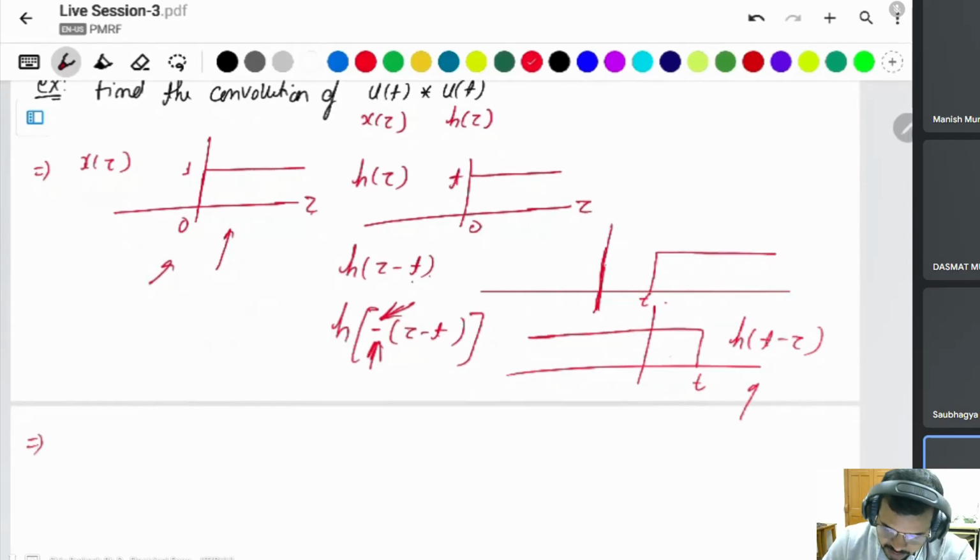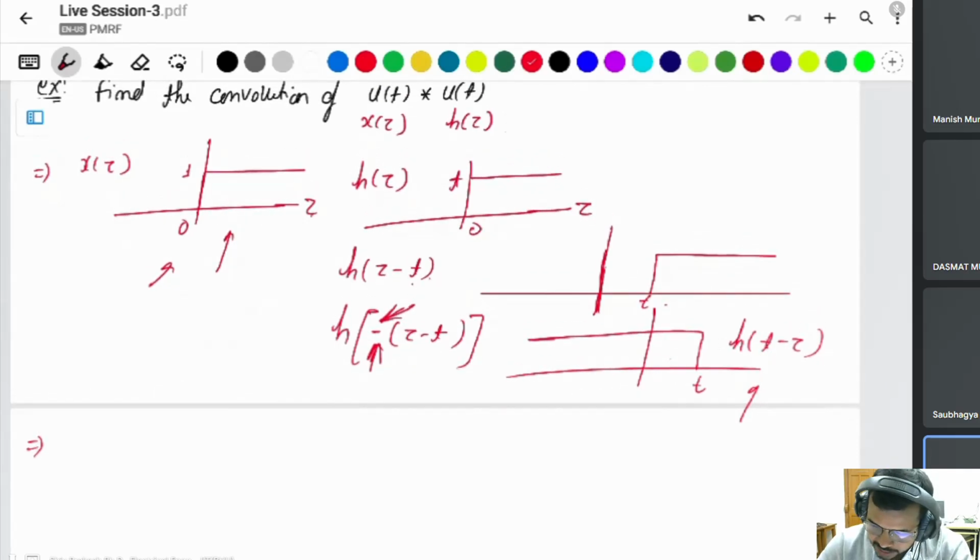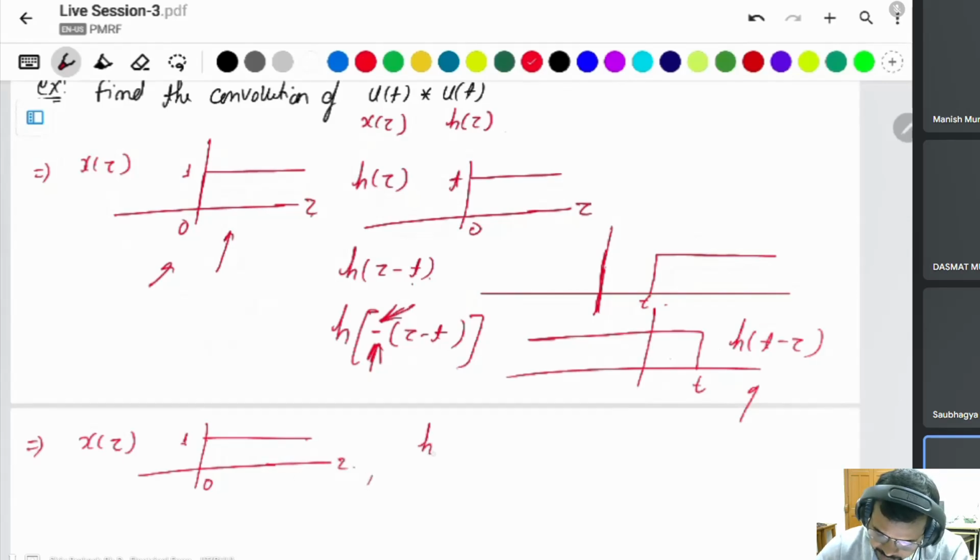Then there are some conditions: where these two overlap and where these two do not overlap. Let's check. x(τ) is this one, from 0 to infinity. h(t − τ) is this one, t.